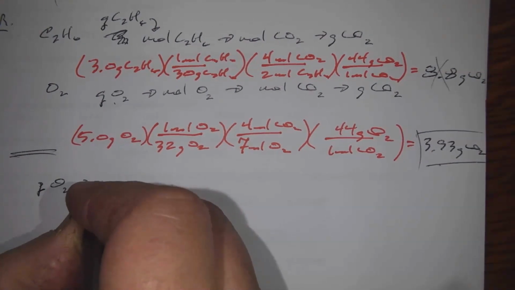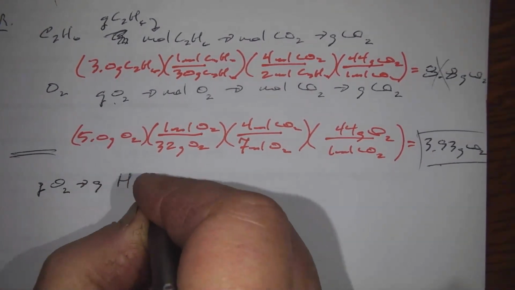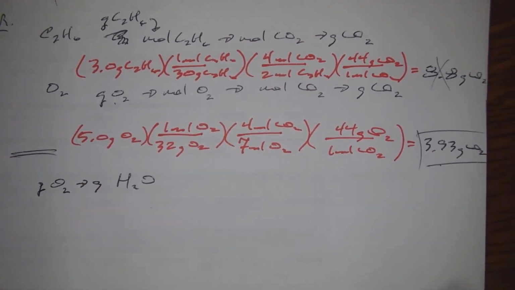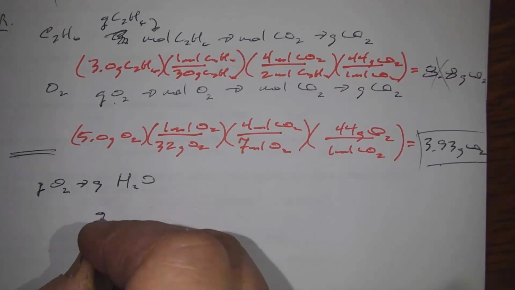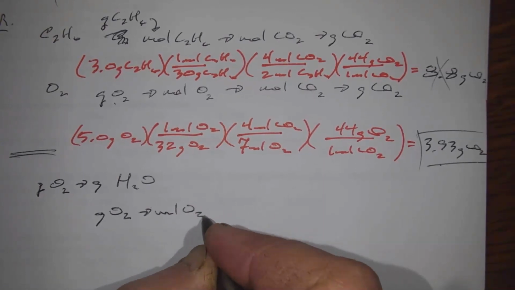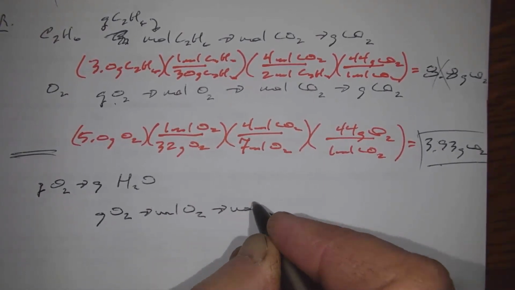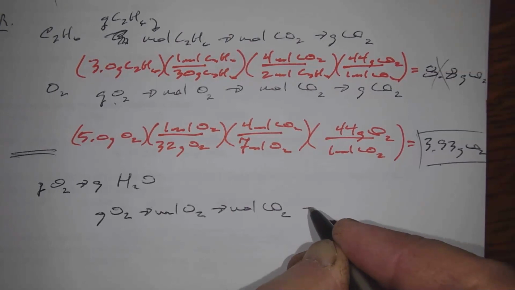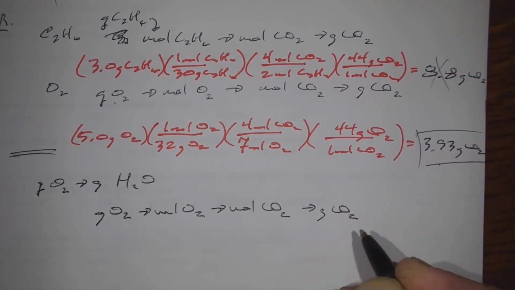I know O2 is limiting, so I just have to do a quick calculation of grams of O2 to moles of O2 to moles of H2O to grams of H2O.